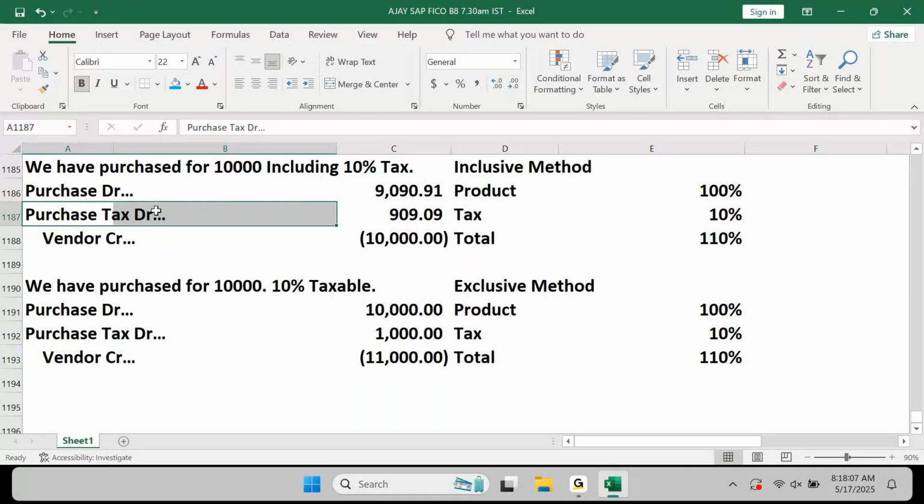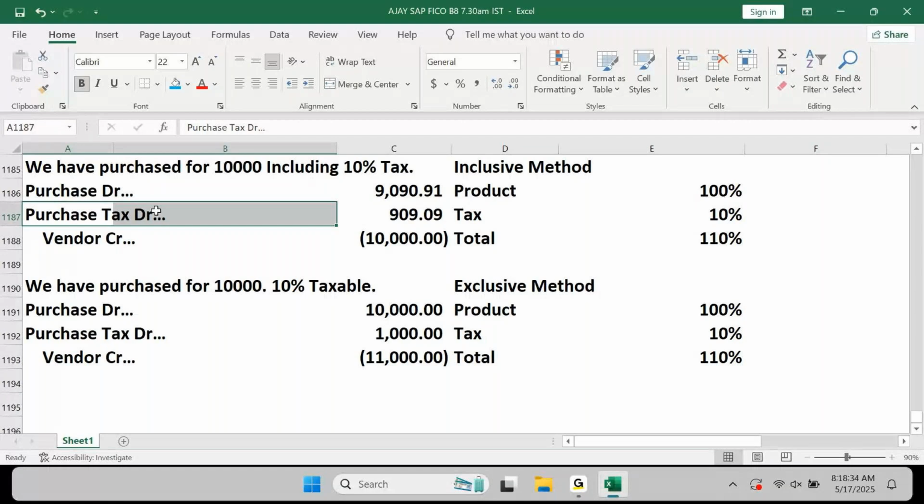If it is normal GST, I have to split GST into two portions, state and central. If it is a 10% tax, it will be split into 5% to state, 5% to central.